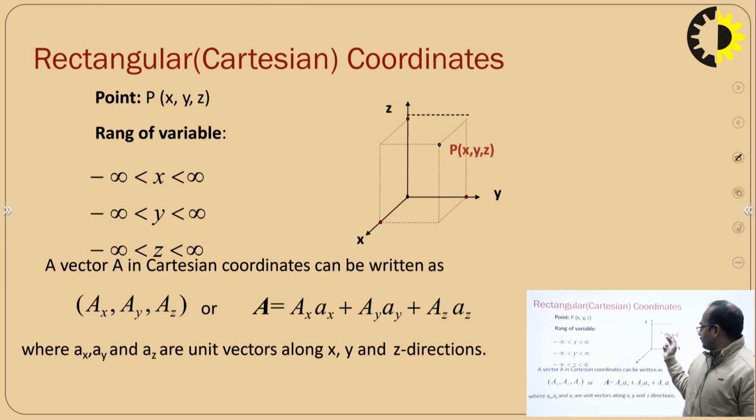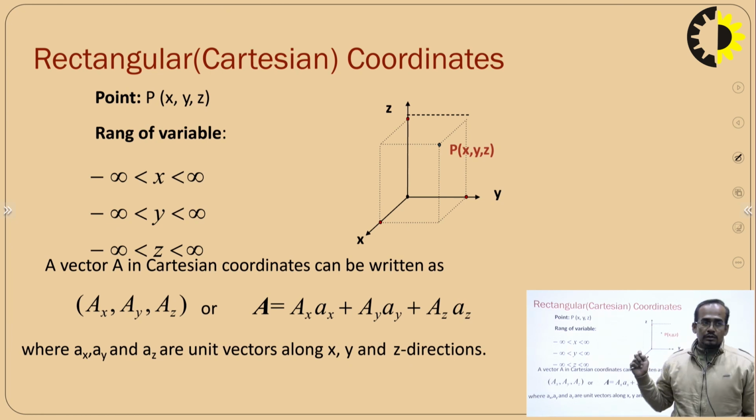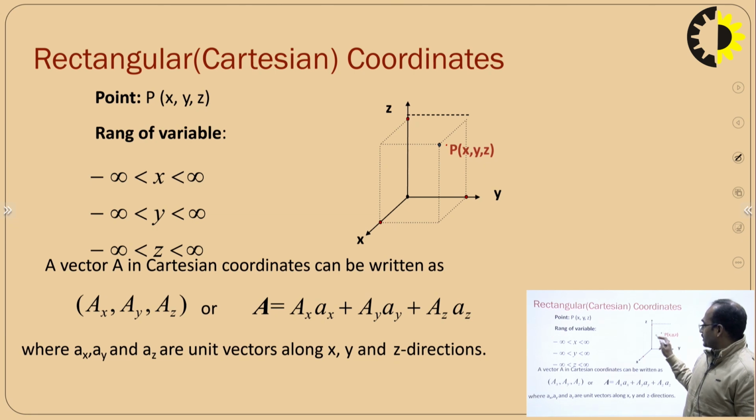If I consider a point P whose coordinates are x, y and z, then what will be the range of these variables? You can see here that x can vary from minus infinity to infinity. You can go in this direction, or you can go in the negative x direction.